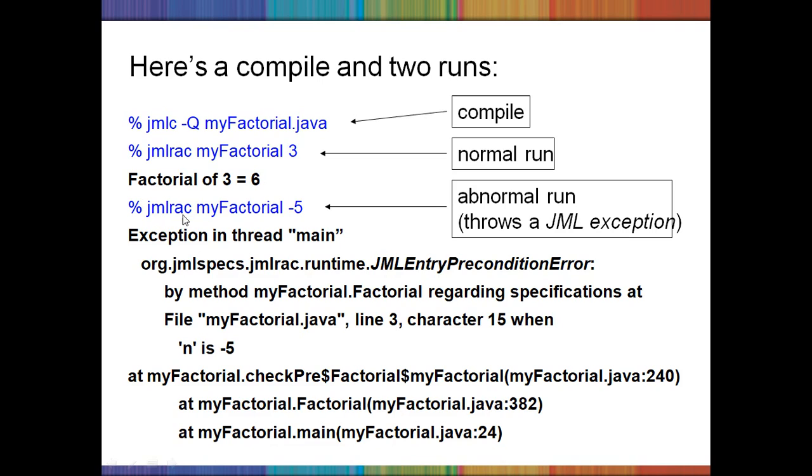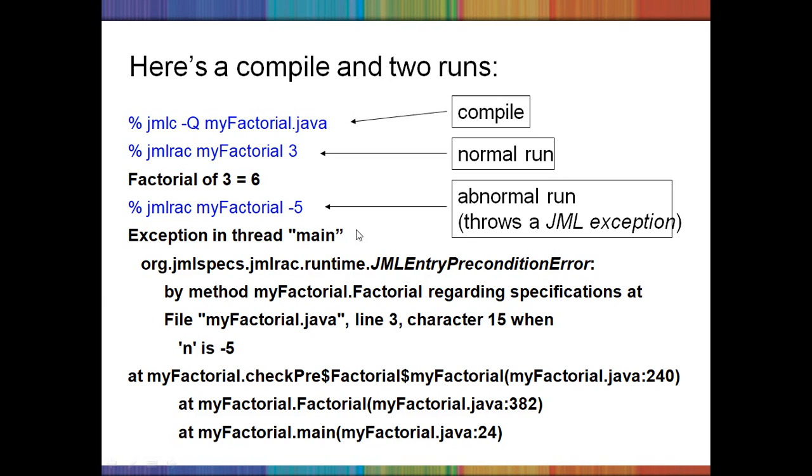Whenever you say jmlrac MyFactorial -5, we cannot compute factorial for minus 5. So it's an abnormal run, and thereby it will throw a JML exception. Abnormal exceptions are the abnormal conditions that arise during the execution of the program.